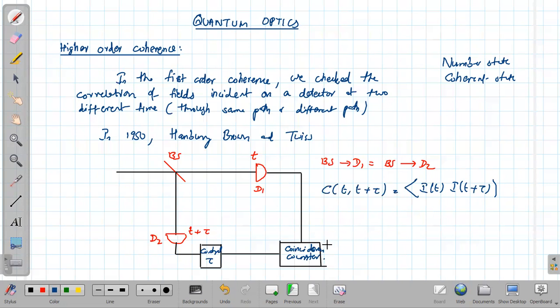Now we can define the classical second order coherence function.